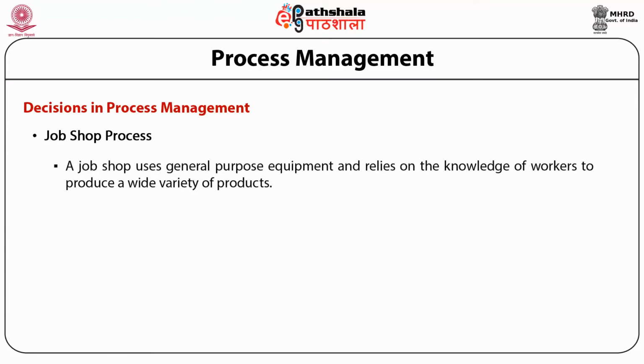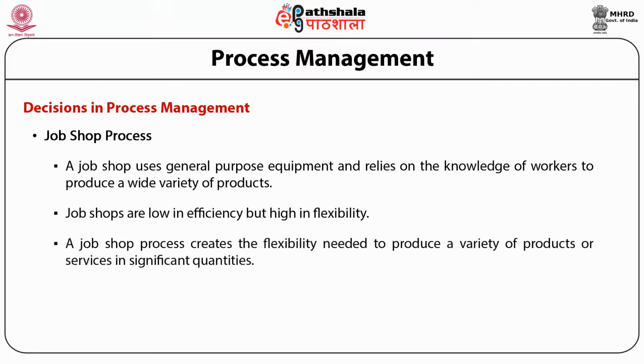A job shop uses general purpose equipment and relies on the knowledge of workers to produce a wide variety of products. Volume is adjusted by adding or removing labor as needed. Job shops are low in efficiency but high in flexibility. Rather than selling specific products, a job shop often sells its capabilities.